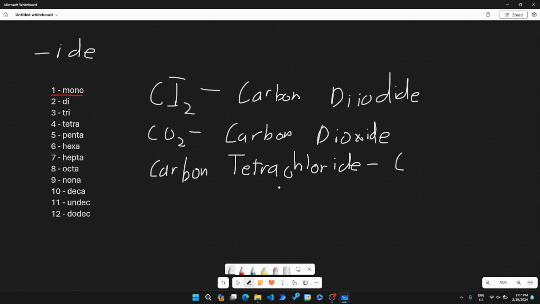And tetra means 4, and chloride means chlorine, so CCl4. So in order to use the system, you really need to know all of these prefixes.